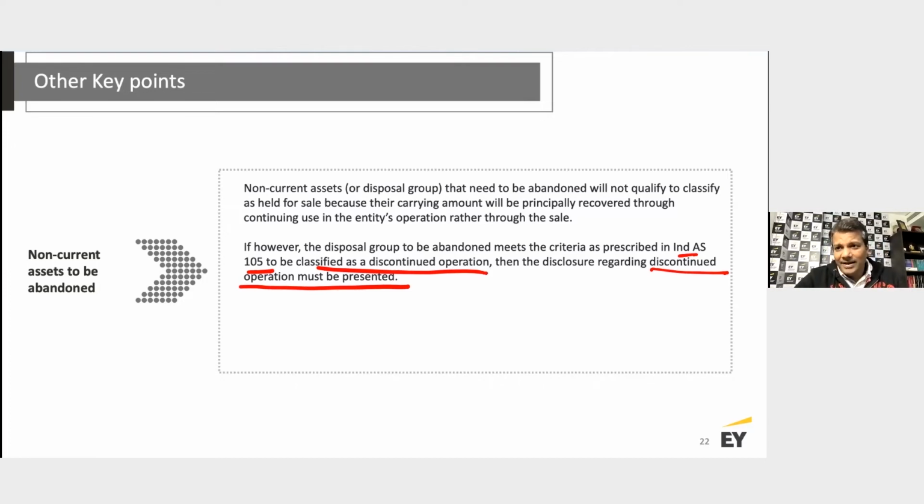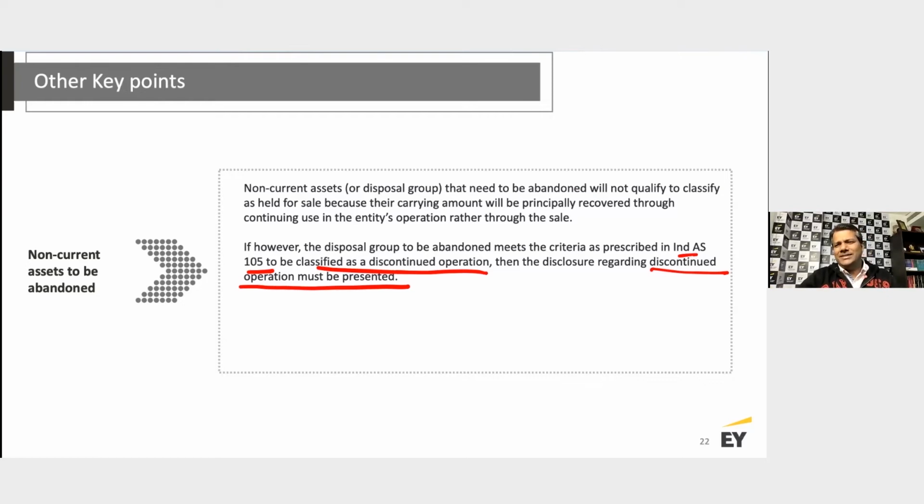When it represents a separate major line of business or geographical area of operations, or is a subsidiary acquired exclusively with the purpose of sale, right? So even though I'm going to abandon this, it will not meet held for sale, but it may still meet the criteria as a discontinued operation.